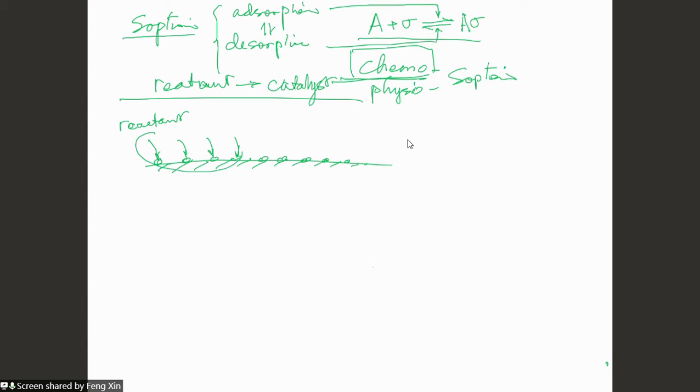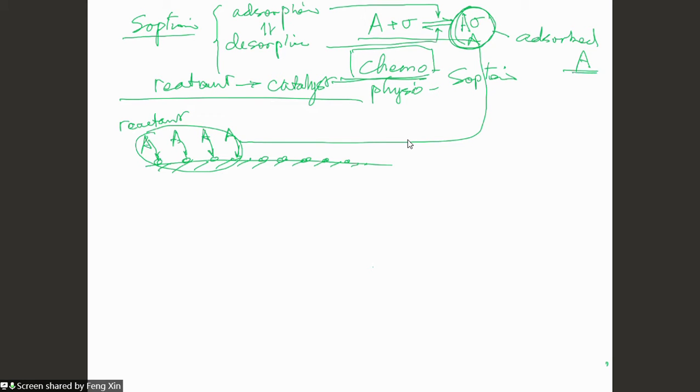Then let's look at the adsorbed product. Here the reactant is A. So A is adsorbed on the active site to make A sigma. Here A sigma is the adsorbed species. Adsorbed A means A has been activated, is active.